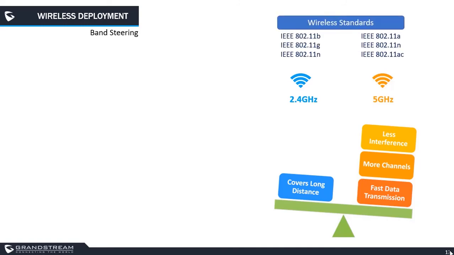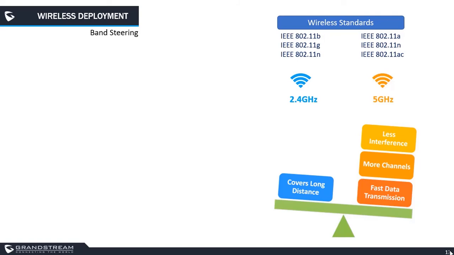It is also important to note that it is very likely to have wireless devices in your network that still use the legacy standards like 802.11b and 802.11g, which work only with the 2.4 gigahertz frequency. By the way, I believe 802.11b is disabled by default on the GWN access points.